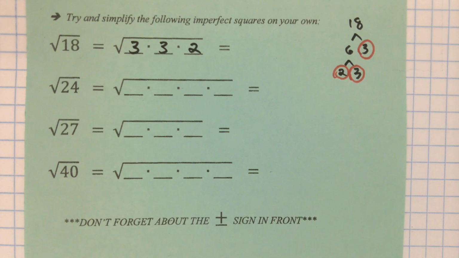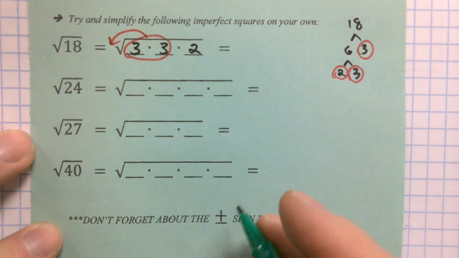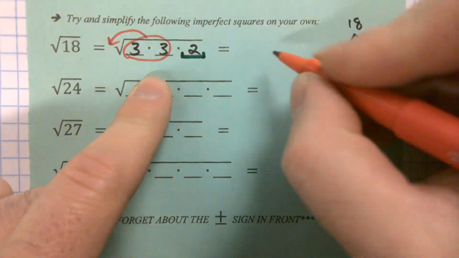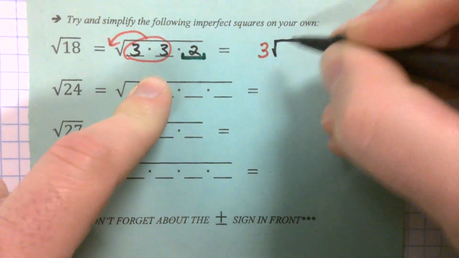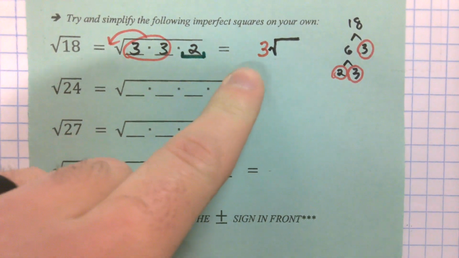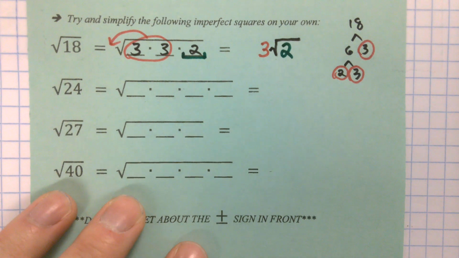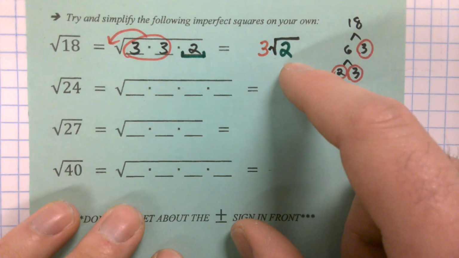Is there any identical pairs we can pull out here? Pair of 3s get brought out. Is there anything that gets left behind? The 2. So my answer is going to be 3, not over 2. We're not talking about fractions. 3 times the square root of 2. We brought the 3 out in front. The 2 stays behind.